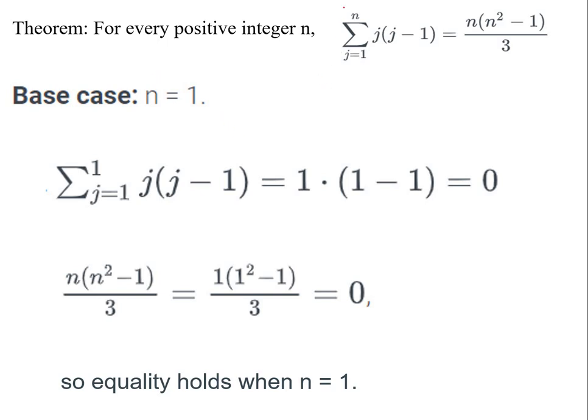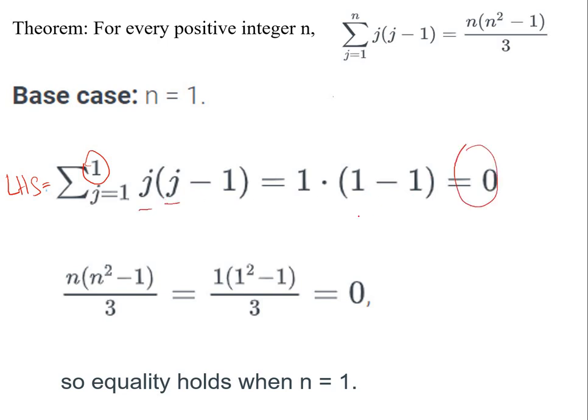Again, the base case is when n is equal to 1. So this is your n, right? So you set n equals 1 on both the left-hand side and the right-hand side, and then you show that they both give you the same answer. So when you plug in j equals 1 on the left-hand side, you get 0 as the answer.